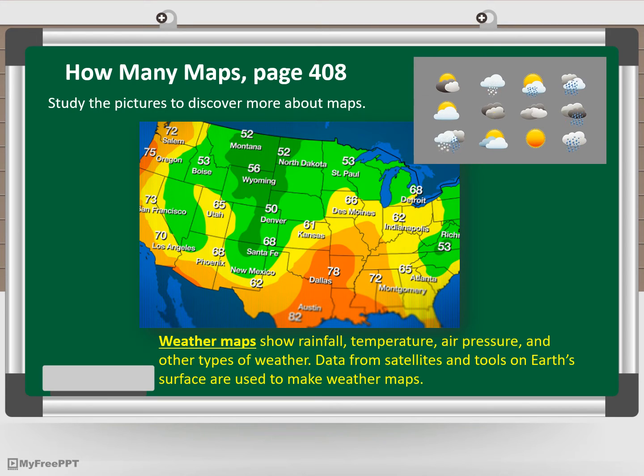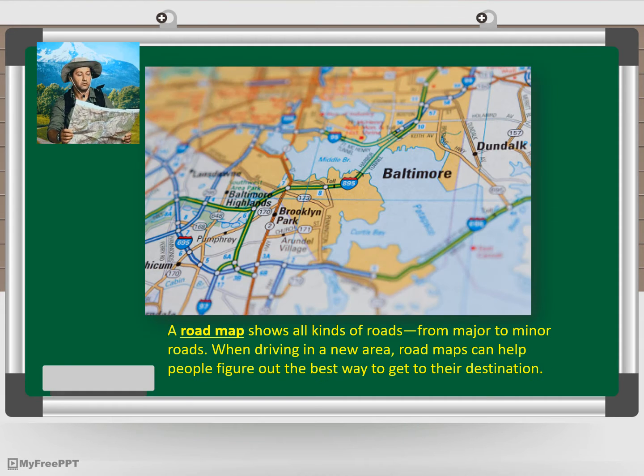Data from satellites and tools, as I've said earlier, satellites are used to collect information from the surface of the Earth to make weather maps. Next, we have a road map that shows all kinds of roads from major or important to minor roads. It is a map designed for motorists, showing the principal cities and towns of a state or area.